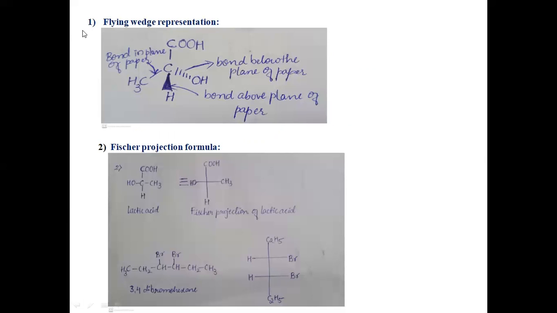First, we have the flying wedge representation. This first projection formula is usually used for molecules containing chiral carbon atoms, or chiral centers.